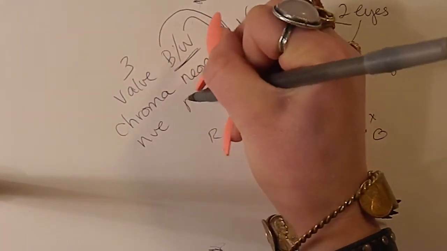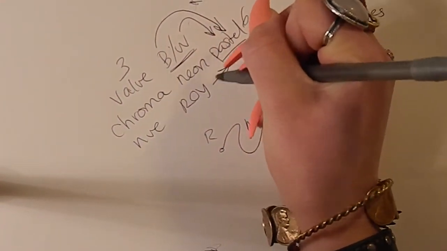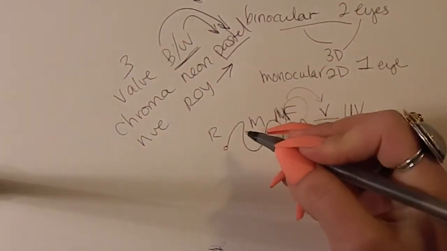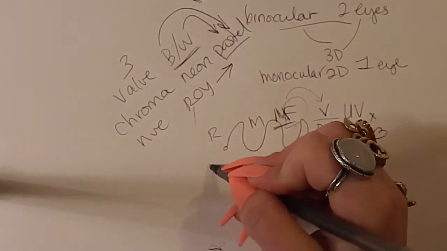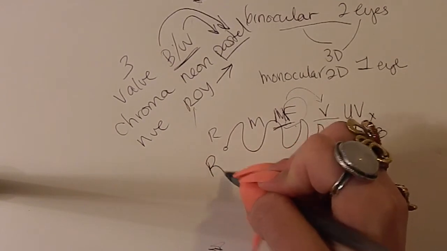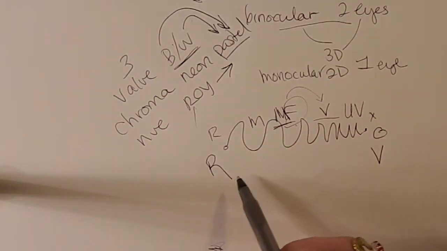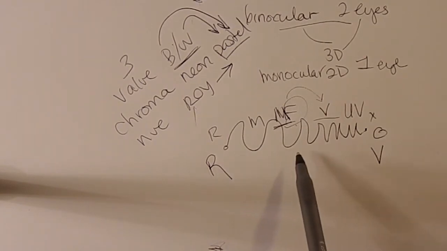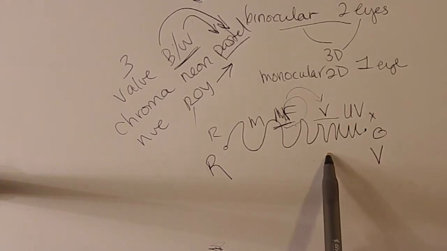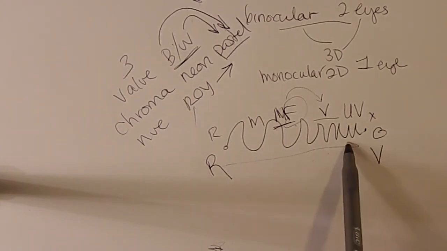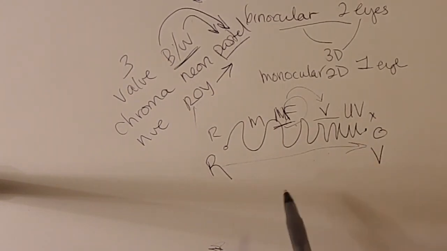Hue is it red, orange, yellow, green, blue, and so on. Okay? Red on this frequency is the low frequency, and violet is the high frequency. So everything else in between, orange, yellow, green, blue, indigo, they change in pitch as well.